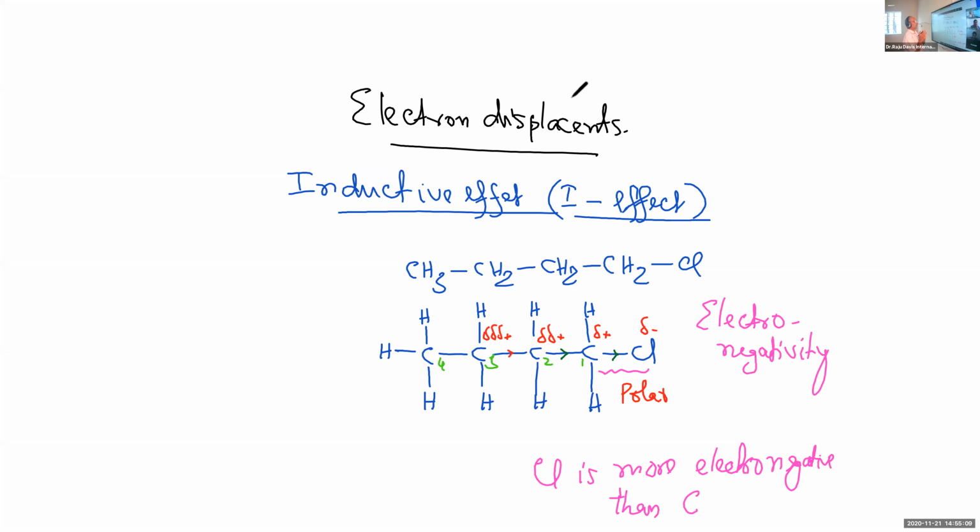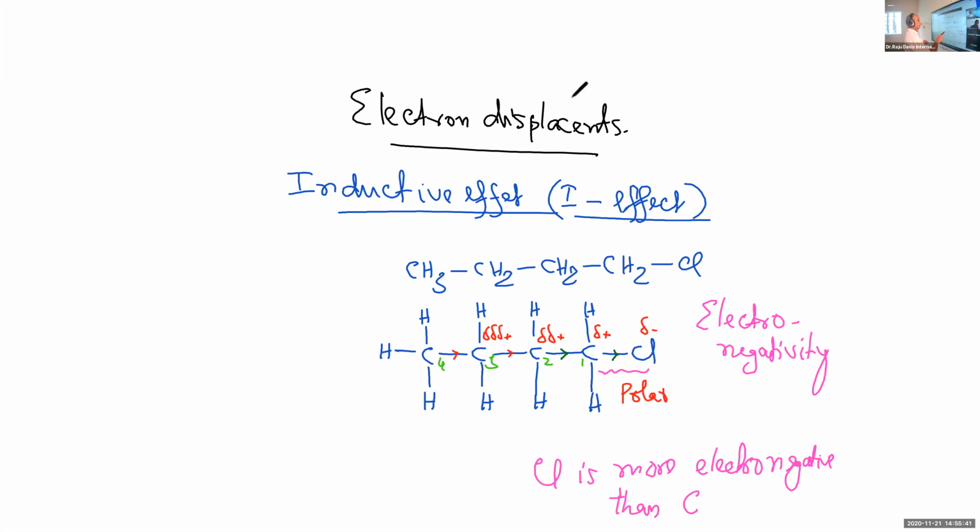So ultimately what happens here? Due to a polar covalent bond, the electron pair will be shifted along a chain of atoms. A chain is formed by the carbon atoms.